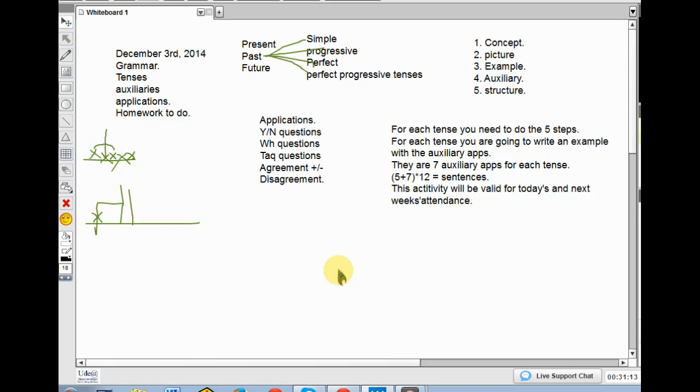Doesn't is the negative auxiliary. So the structure is very simple. You can get it. That is a negative disagreement. She likes it, but I don't. She loves watching TV, but I don't.